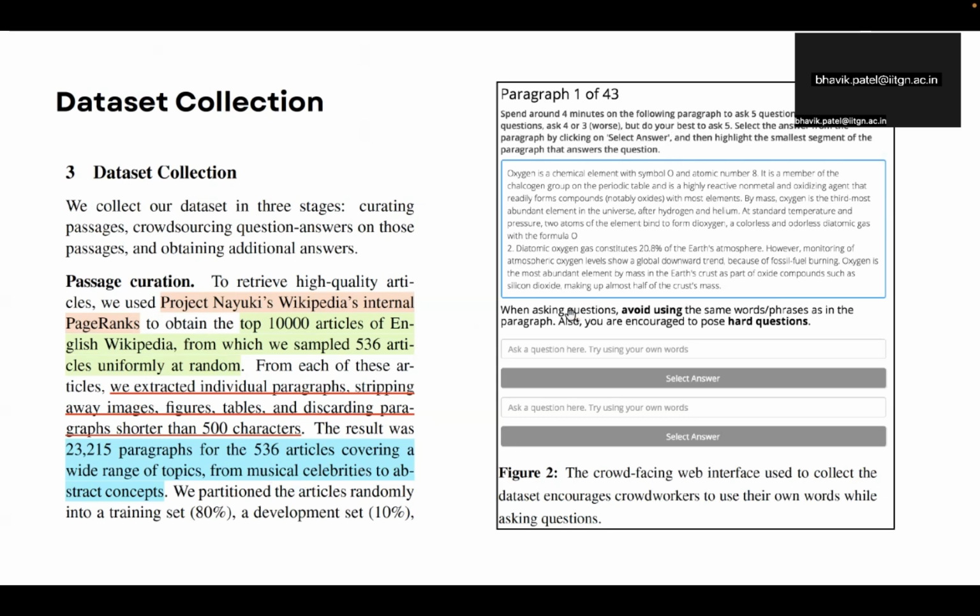In the beginning, they gave some basic instructions on what the worker had to do, and you can see that there is a small paragraph, and each person was required to make 4 to 5 questions per paragraph and select the shortest span which they considered an answer for that particular question that they had created. Next slide.